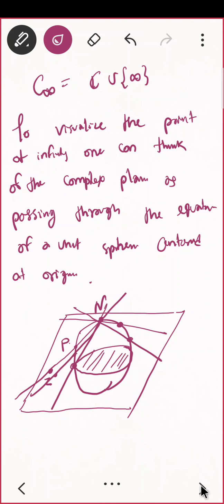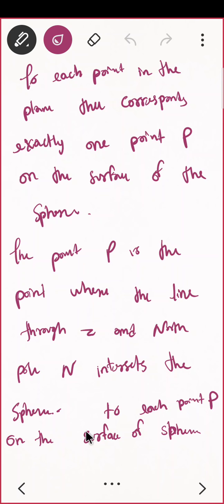Okay, on the surface other than the north pole. For the north pole I won't be able to find that z. Correct?